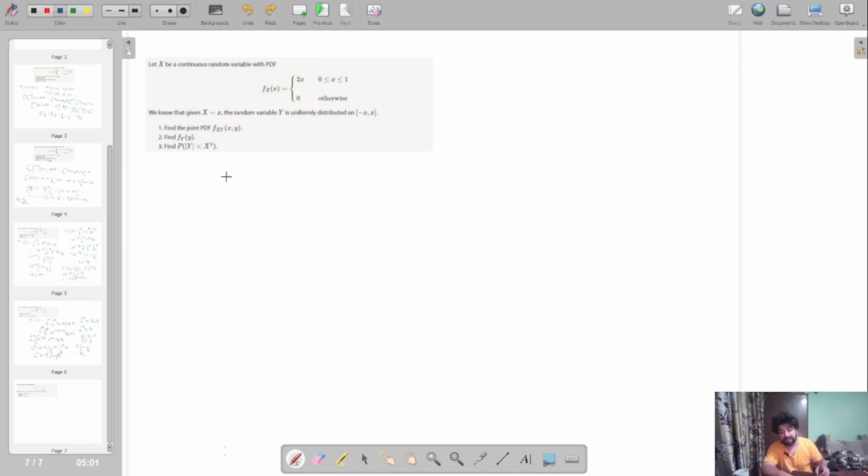So in this case I can say the conditional PDF of Y given X equals x is f(y|x), and this will be 1/(2x) for minus x less than or equal to y less than or equal to x.